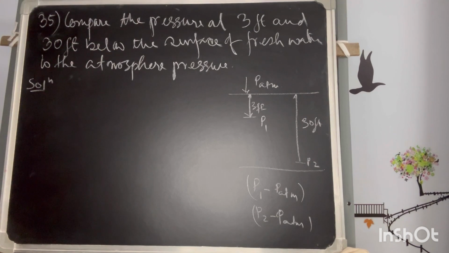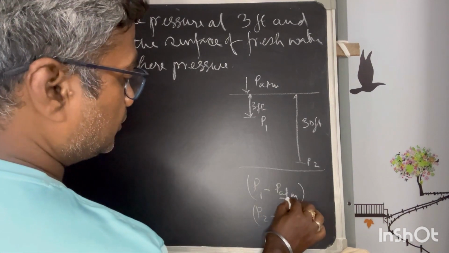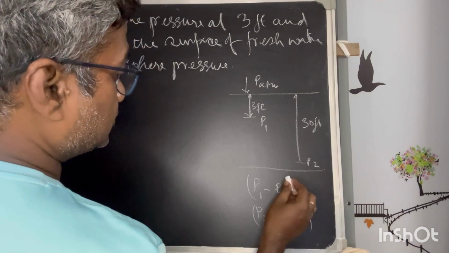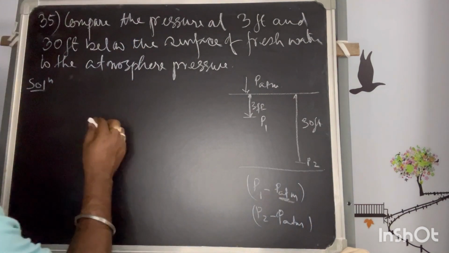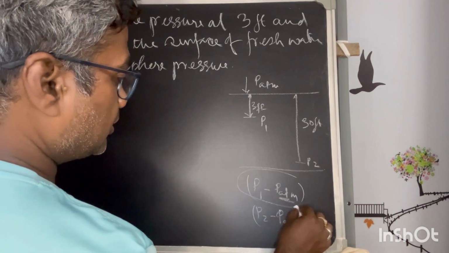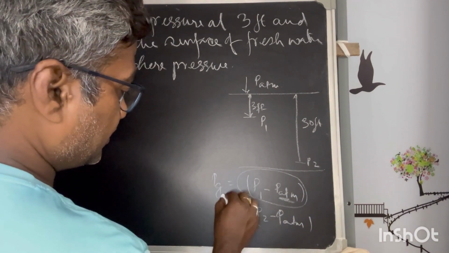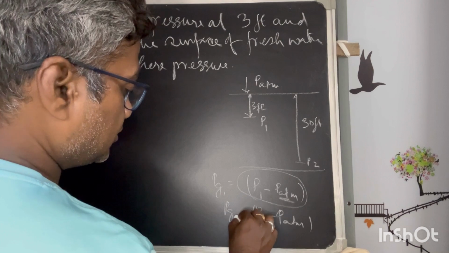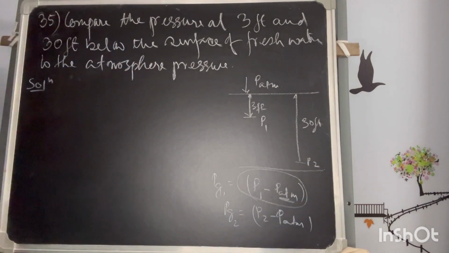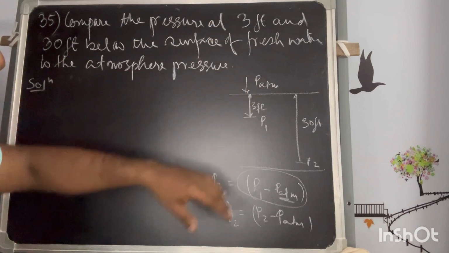So if this is the case, I need not be worried because the atmospheric pressure is anyhow deducted. So what is this value all about? This is the gauge pressure, P gauge, of that point, isn't it? Because you are deducting the atmospheric pressure, you need to have the gauge pressure there.